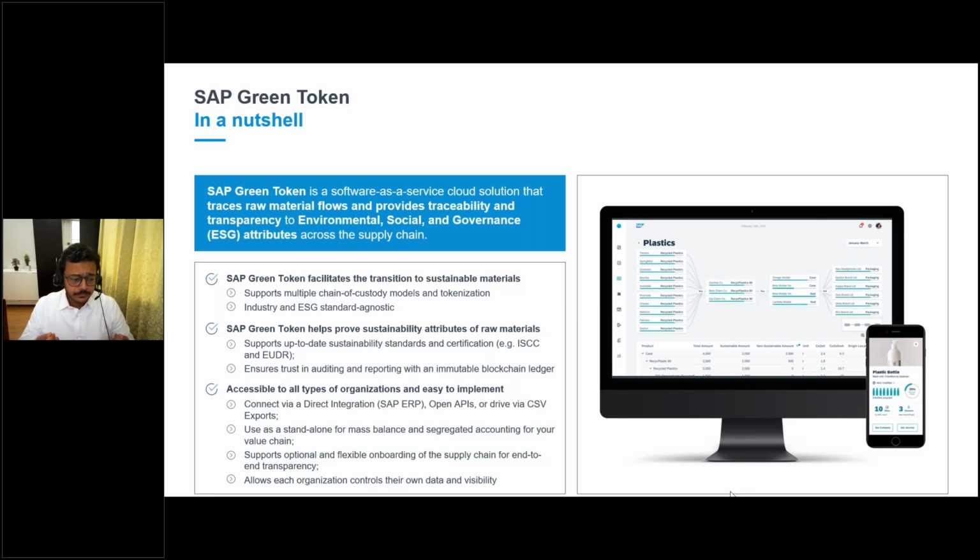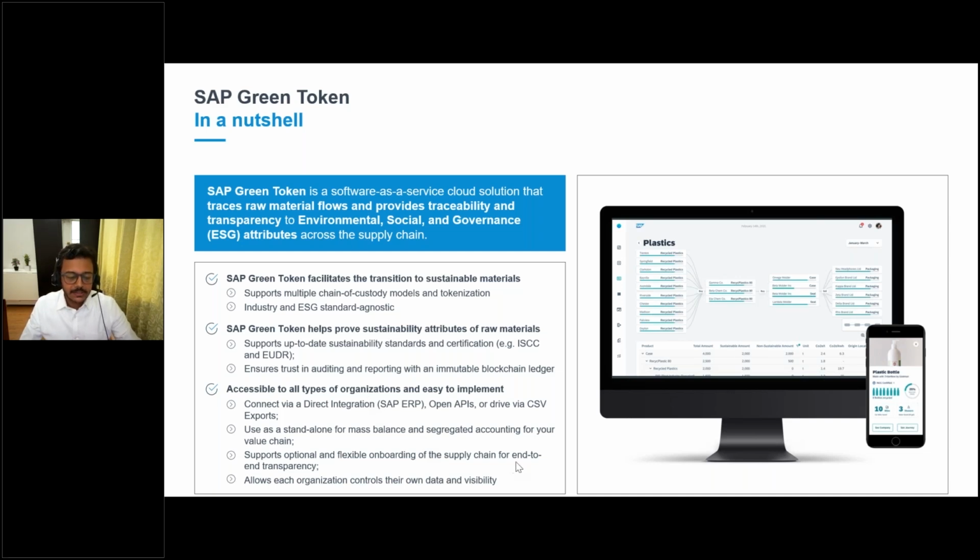So this is built on a blockchain ledger, which is immutable, so you cannot tamper with the numbers that are posted on the blockchain. And this results in a certain level of trust and auditability in the data. And this is also, in a way, very much accessible to all the organizations who want to use this solution.